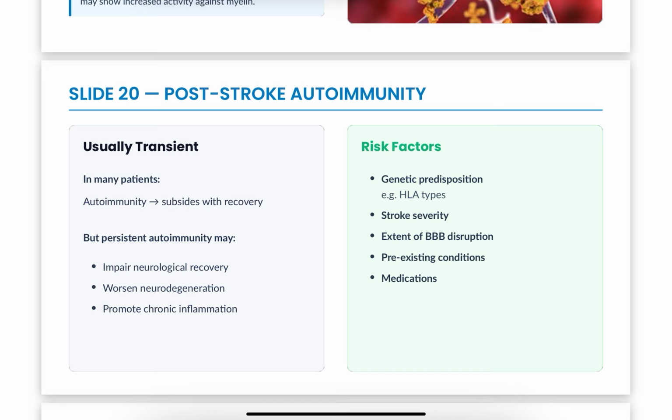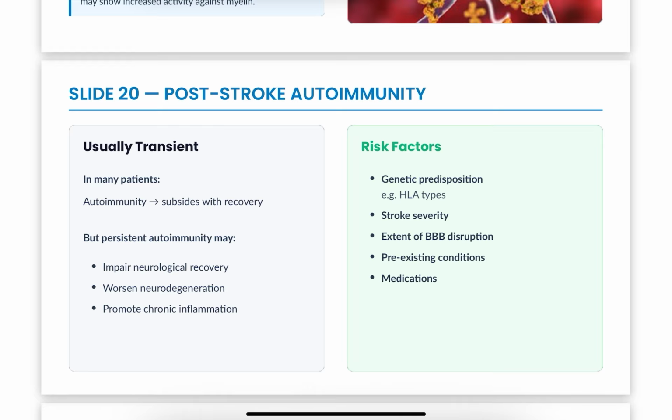This includes risk factors such as genetic predisposition, such as the HLA types, the severity of the stroke, how extensive the blood-brain barrier disruption was, or pre-existing conditions or medications. All of them can determine whether it will be transient and go away or not.